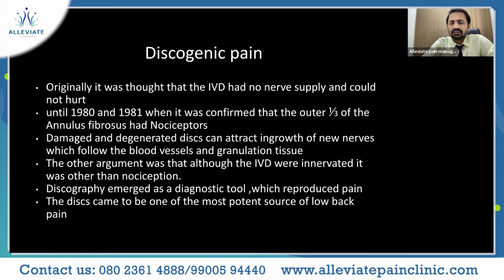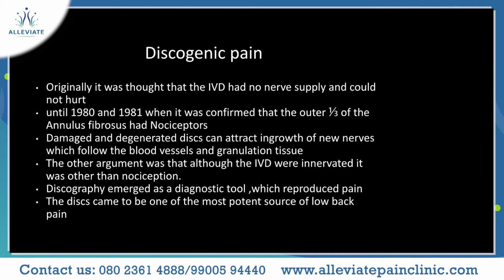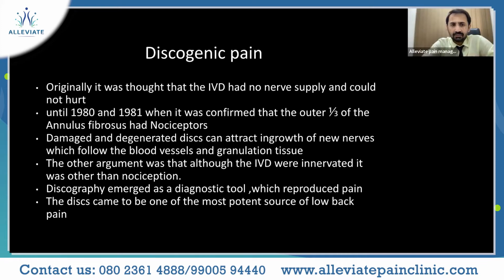Originally it was thought that the intervertebral disc had no nerve supply and could not hurt, until the 1980s, 80 and 81, when it was confirmed that the outer one-third of the annulus fibrosus had nociceptors. Damaged and degenerated discs can attract ingrowth of new nerves which follow the blood vessels and granulation tissue.